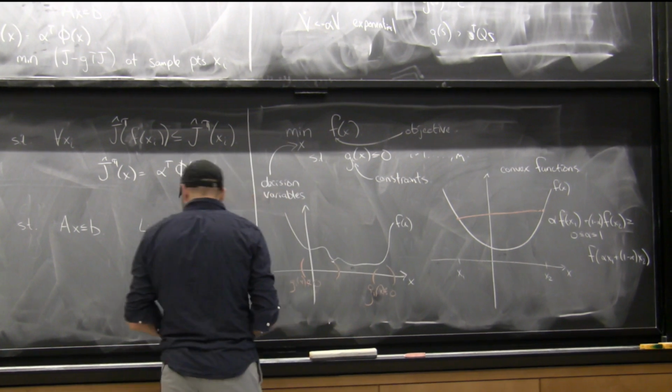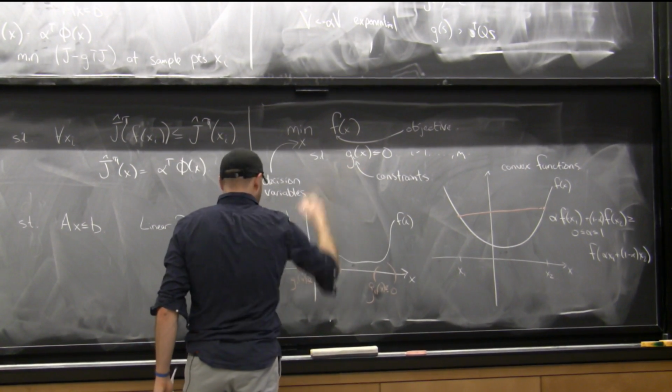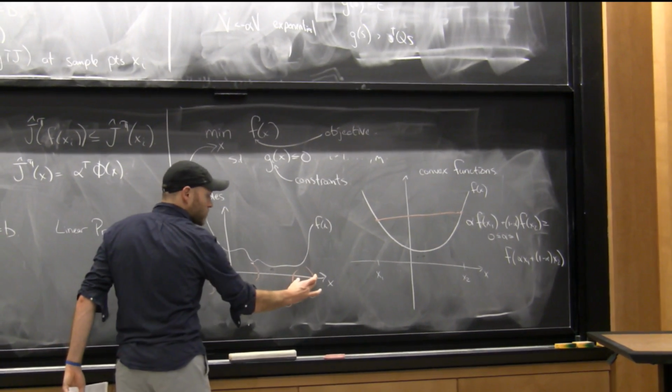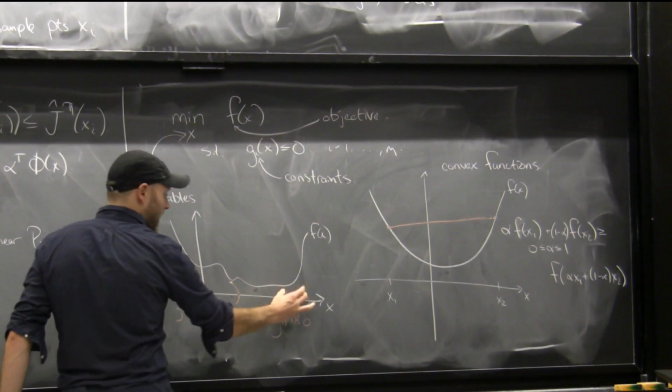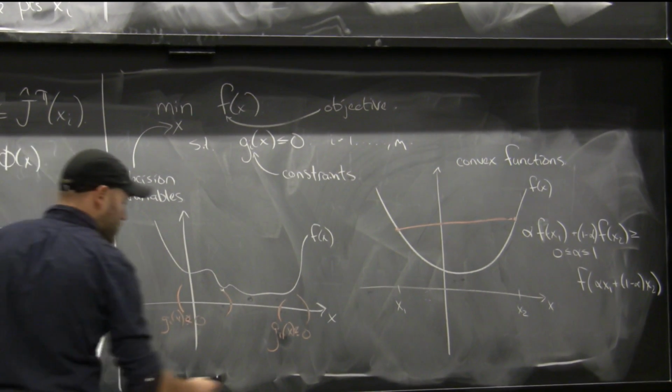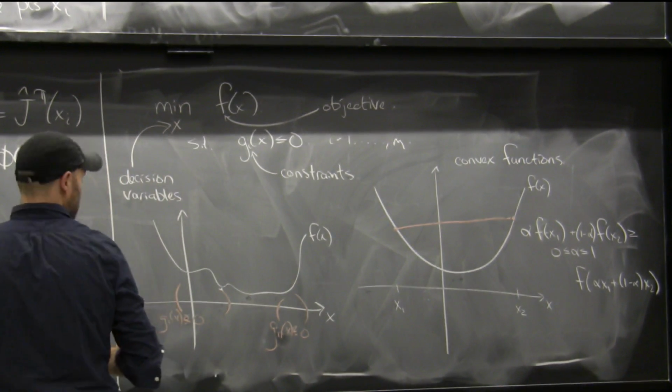Same thing's true for the constraints: the shape of the constraints matters too. If I have totally bizarre constraints, then I might have to look over here and over here and over here. And life is way better if the constraints are convex, if they themselves form a convex set.